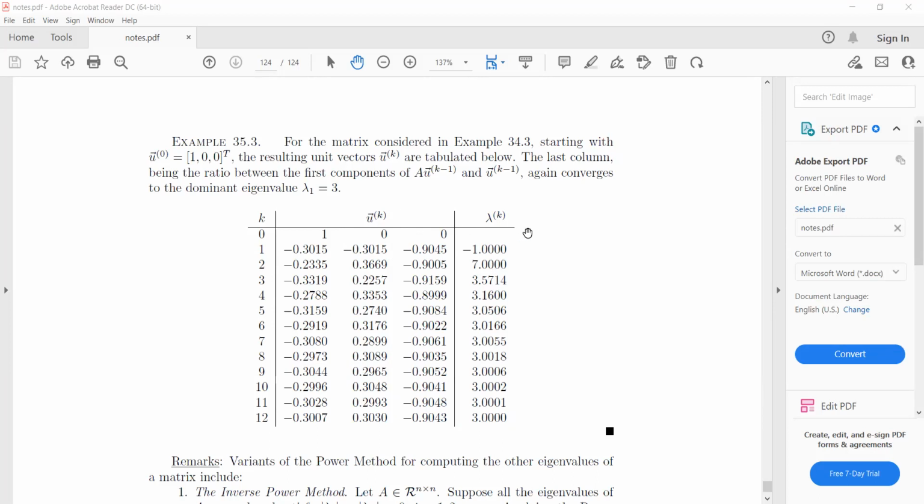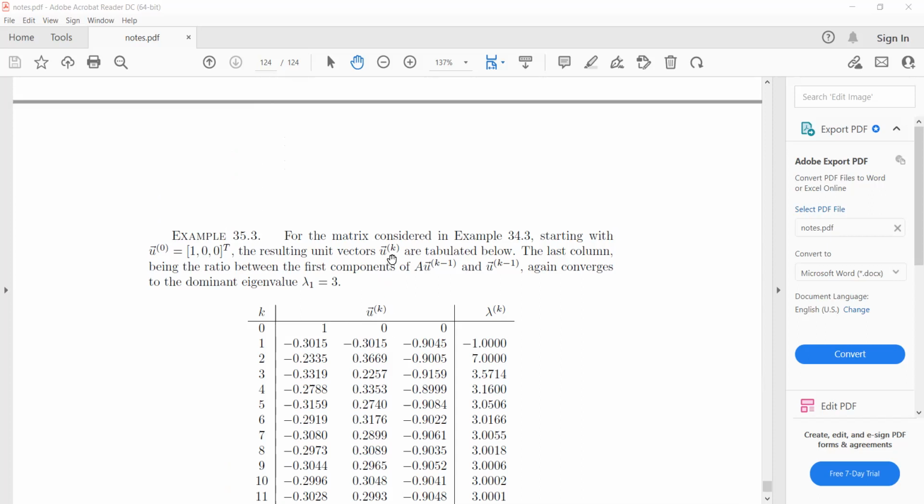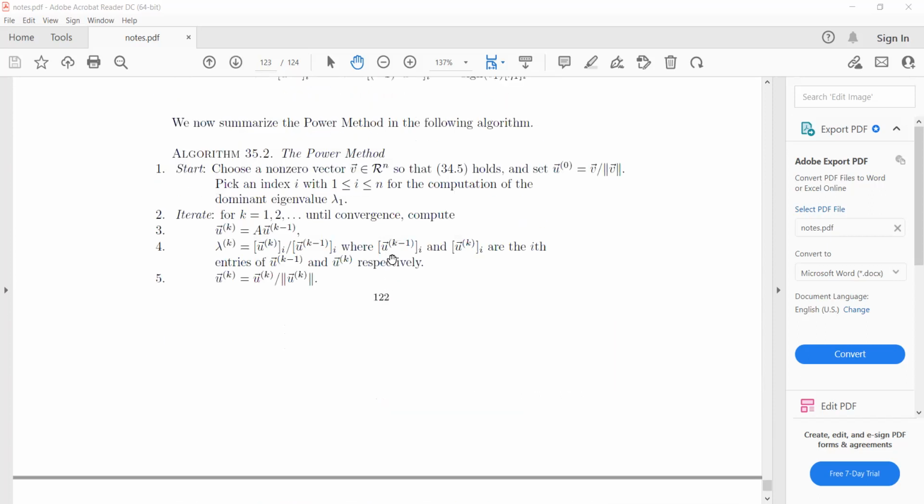Go back to the algorithm. This UK in the algorithm is the UK in line number 5. But lambda k here uses this UK, which is different from this UK.